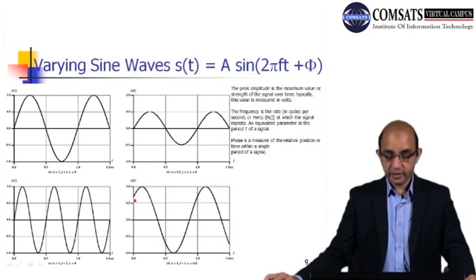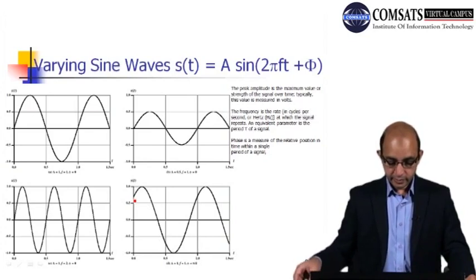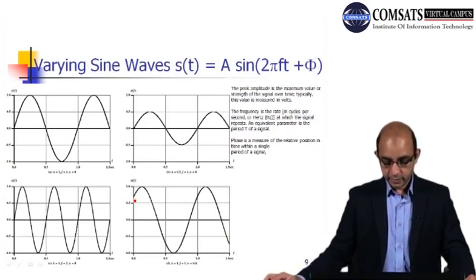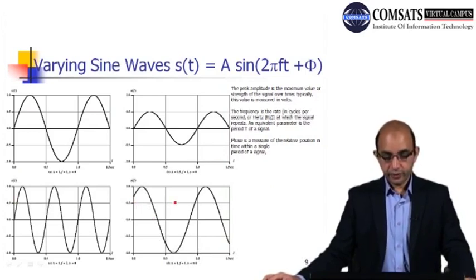So this is pi by 4. So now we have an idea of amplitude, frequency and phase.